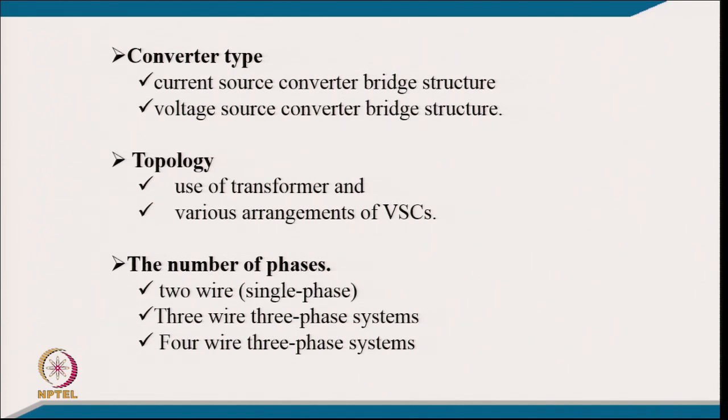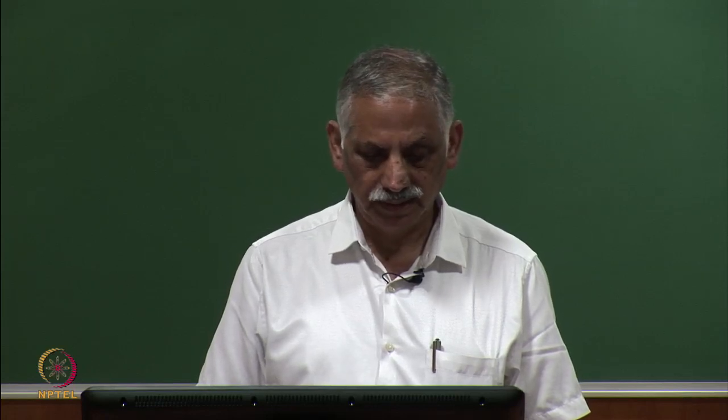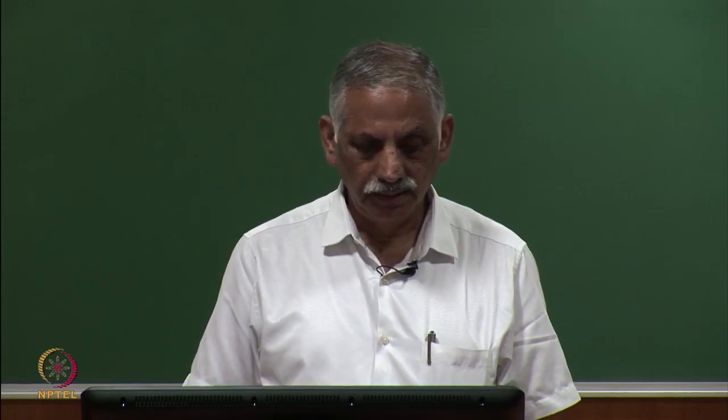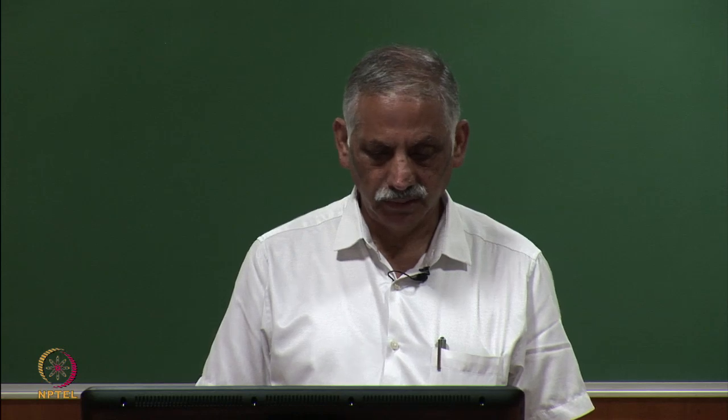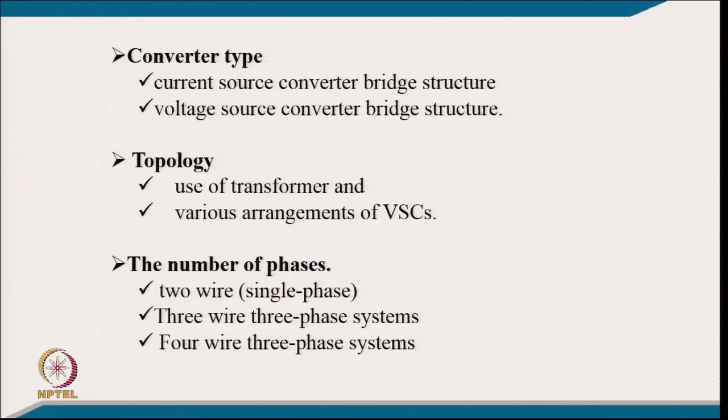Another classification is on the basis of the number of phases, whether the system is a 2-wire single phase, a 3-phase 3-wire, or a 4-wire 3-phase system. That is the supply-based classification. If the load is only single phase, you need a single phase D-STATCOM; if it is a 3-phase 3-wire system, then you require a D-STATCOM for a 3-phase 3-wire system.